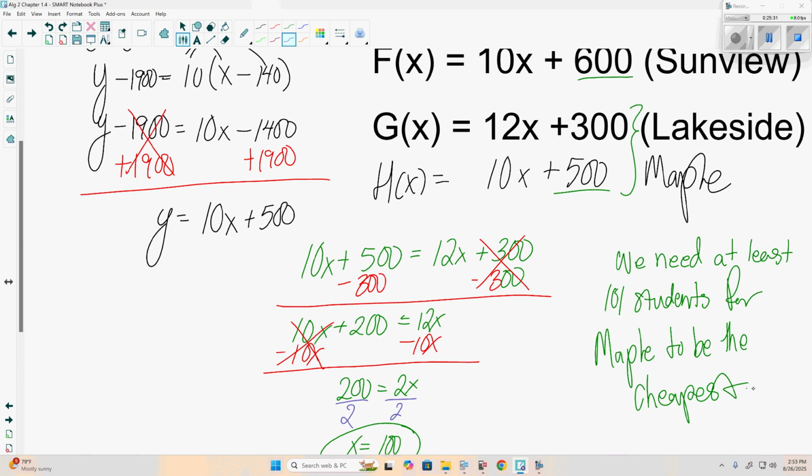Because if we have at least 101 students, it will be cheaper, yes? Could we set x, or could we have an x value of 101.5? Why not? It's not possible to have half a student. Even so, he still counts as one.